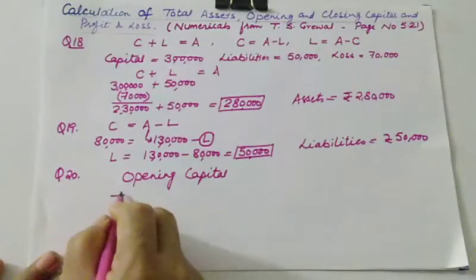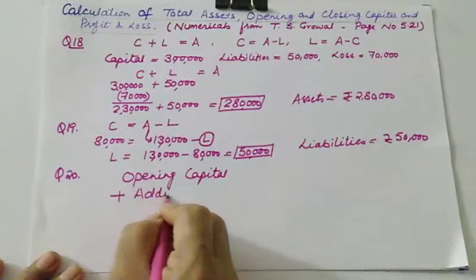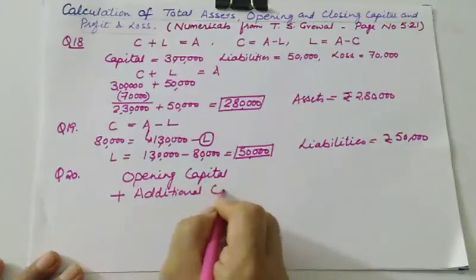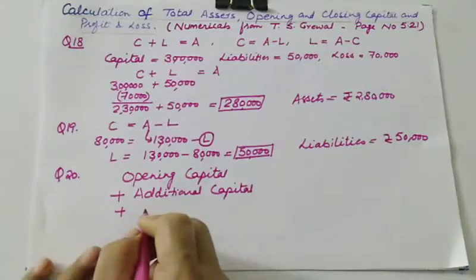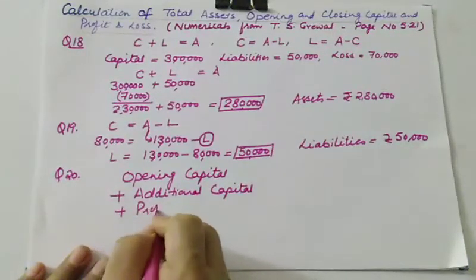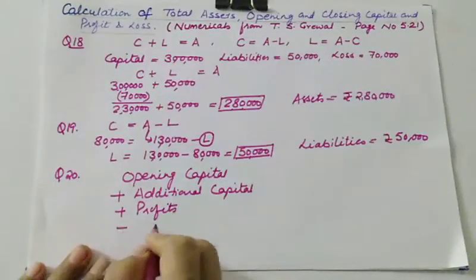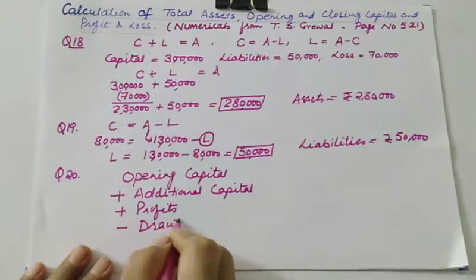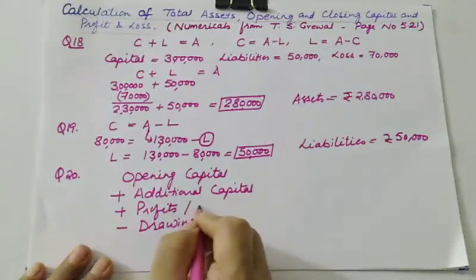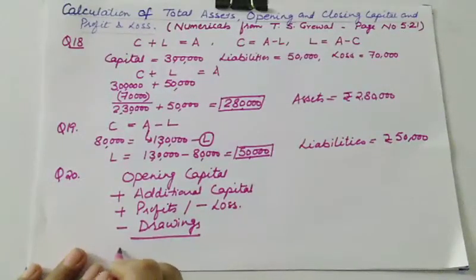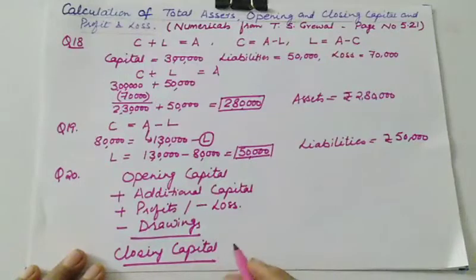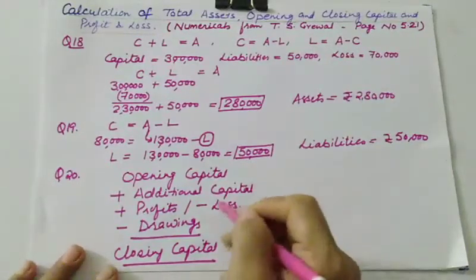So opening capital, if you add additional capital invested by the owner during the year, plus if you add profits and if you deduct drawings, and likewise if you are adding profit, if there is a loss it can be deducted, then you will be able to get the closing capital.